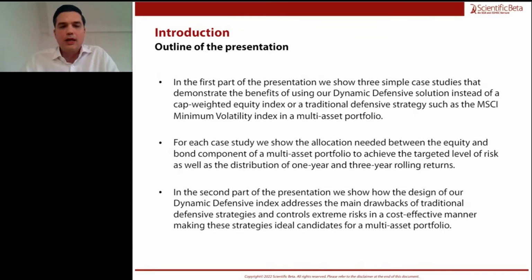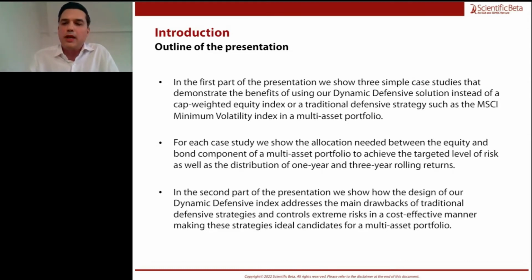As an outline for the rest of the presentation, what we will do next is go through 3 simple case studies that will demonstrate the benefits of our dynamic defensive solution instead of using a cap-weighted benchmark or a traditional defensive strategy such as the MSCI min-vol in the multi-asset portfolio.